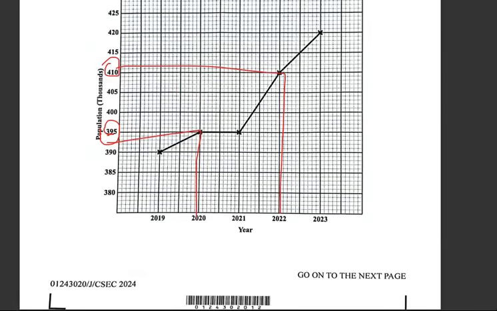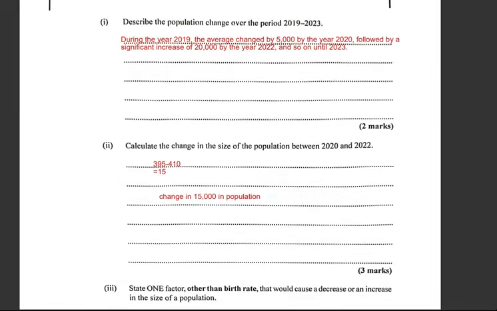Let me just go ahead and see how best I could calculate the options here. We're going to calculate in total. Where I'm seeing here, we'd have 395 to 410. If we take away 395 from 410, that would be a negative 15.